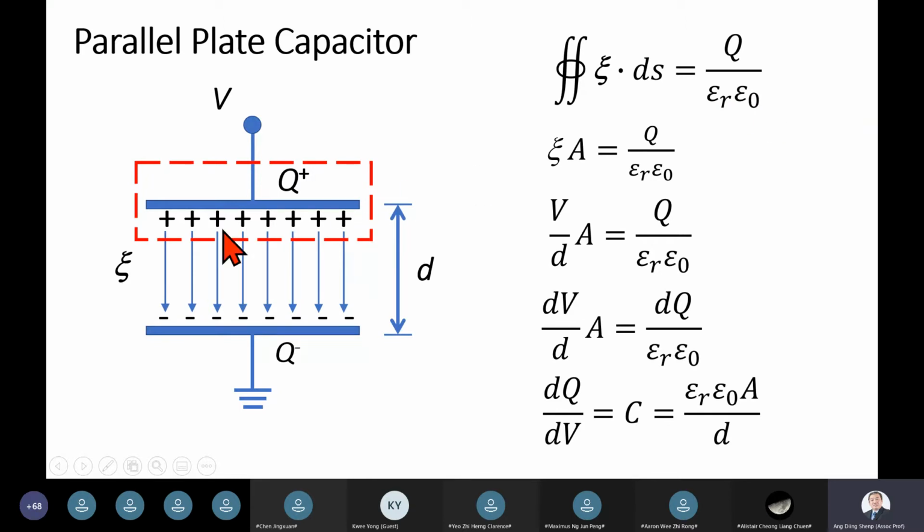If you have a material between the two plates, then epsilon r will be bigger than 1, reducing the value on the right side of Gauss's law, which is consistent with the fact that the net electric field across the medium is reduced due to the polarization of the medium. This explains the significance of the relative permittivity term here.